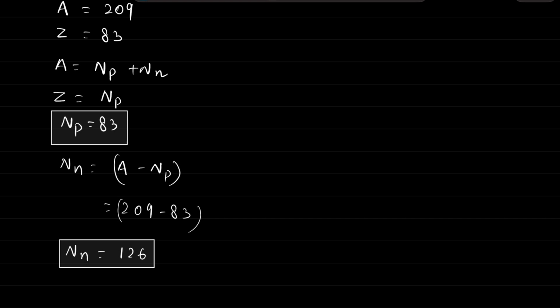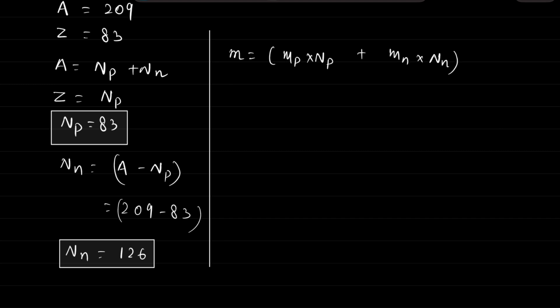Now we have the number of protons and number of neutrons. Now we have to find the theoretical mass. M is equal to Mp into Np plus Mn into Nn, and we substitute the values.